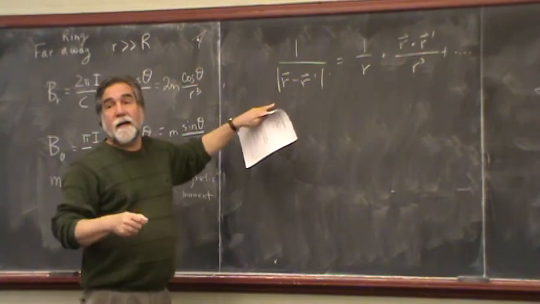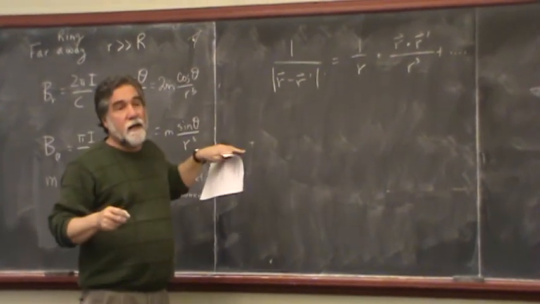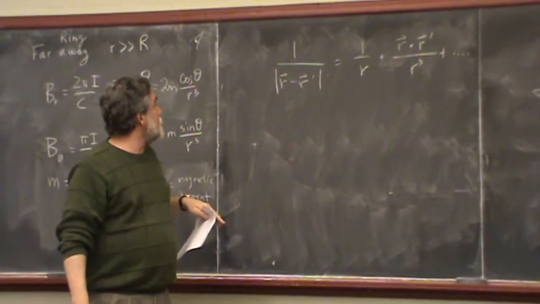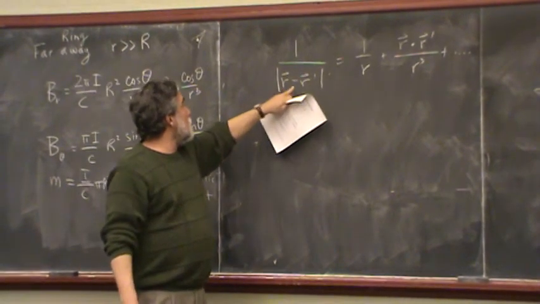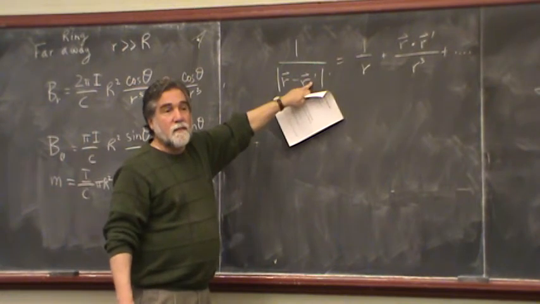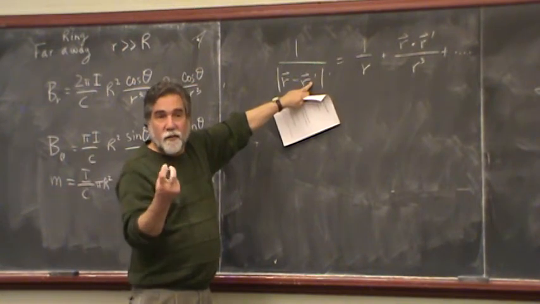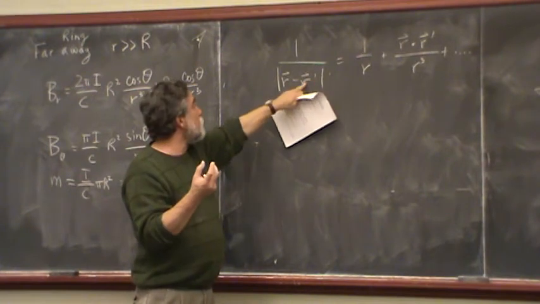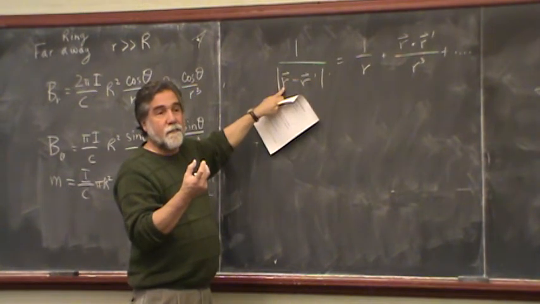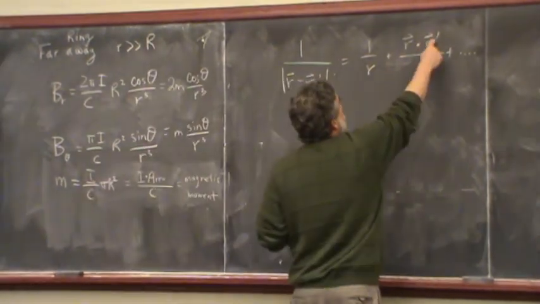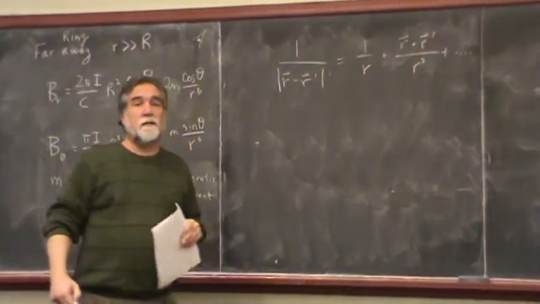Again, we use the law of cosines and we expand in r prime over r, because r prime is very small. The distribution where the current is near the center of this system that we've chosen, and the point that we measure is far away. So I'm expanding in r prime over r.